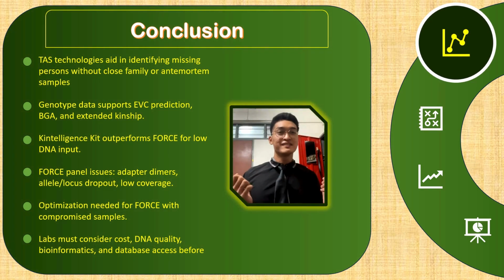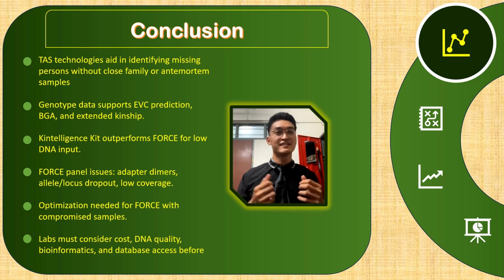In conclusion, TAS technologies have advanced missing persons investigations by enabling identification without close family or antemortem samples. SNP genotypes aid in identification, predicting eye, hair and skin color (EVC), biogeographical ancestry (BGA), and kinship analysis.